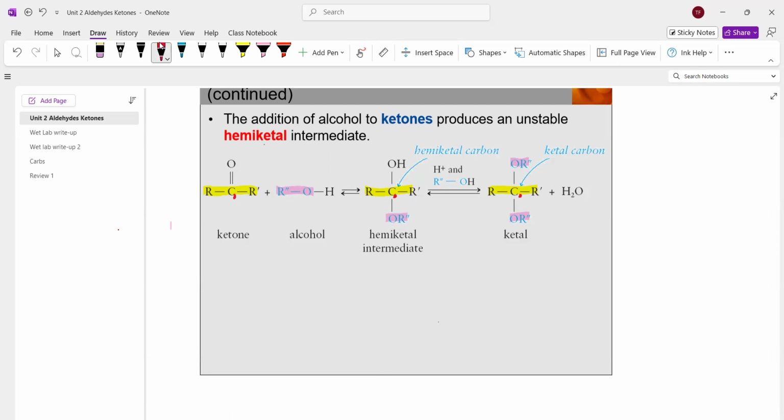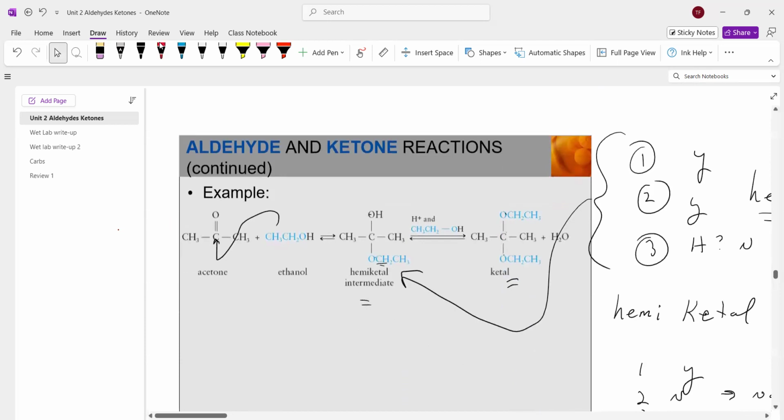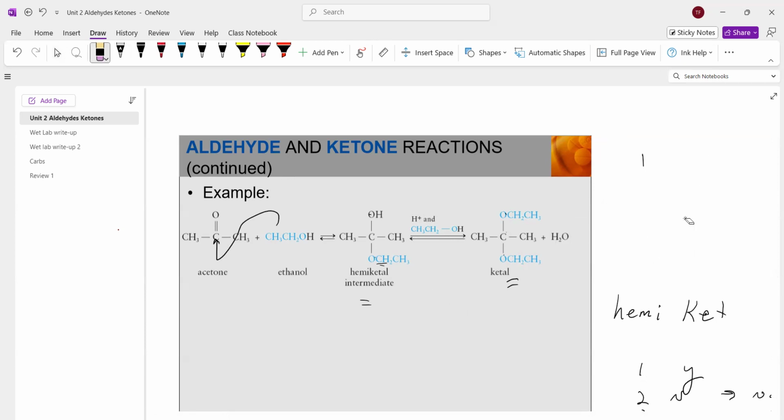So let's look at an example now. So again, the alcohols are going to be using my test here.